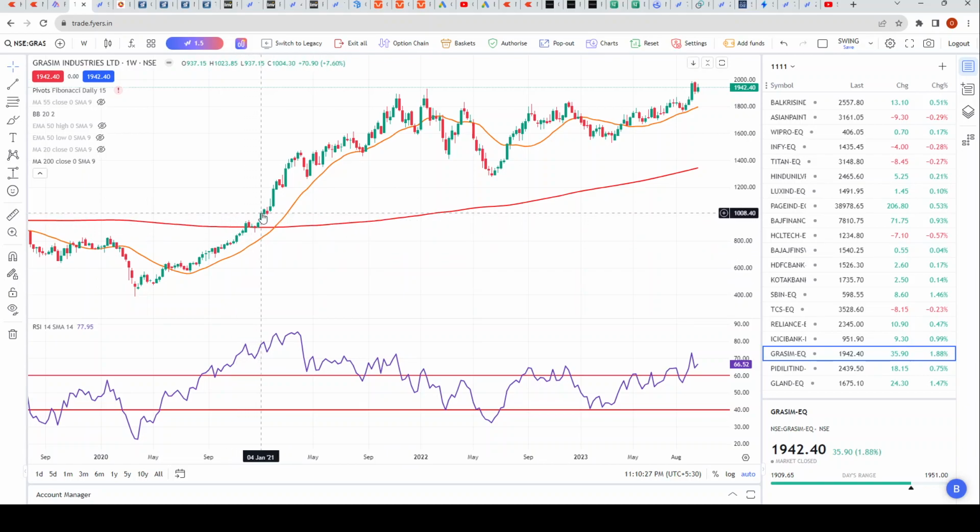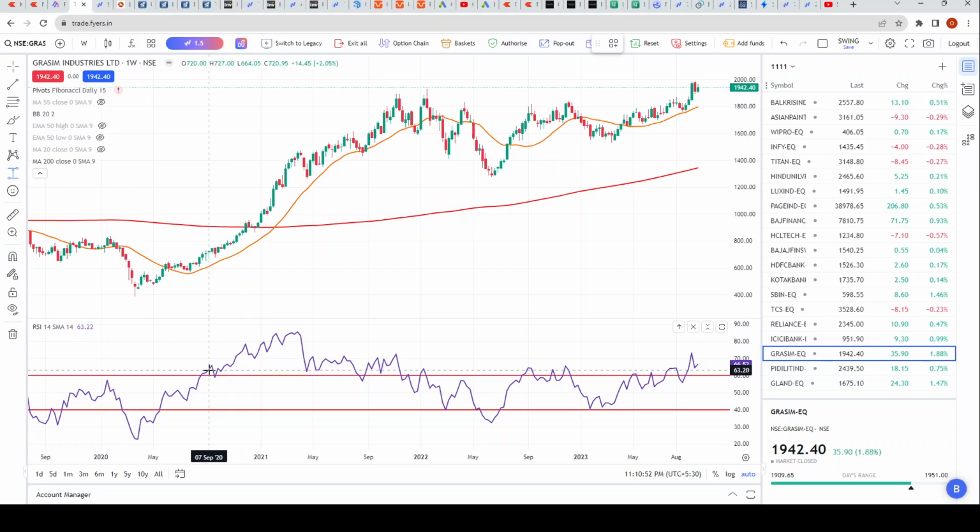It goes above the 200-day moving average. It already was above the Bollinger Band. Here is the place where it crosses the 60 mark, the 60 on the RSI, and it just then keeps climbing. From here it keeps climbing, and even if you would have exited over here somewhere, sorry, let me go on top.